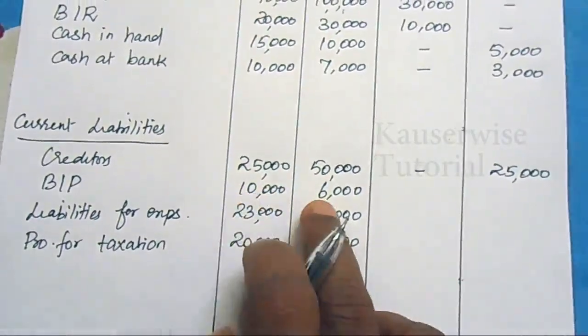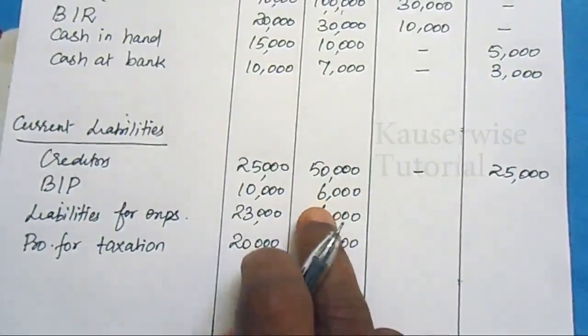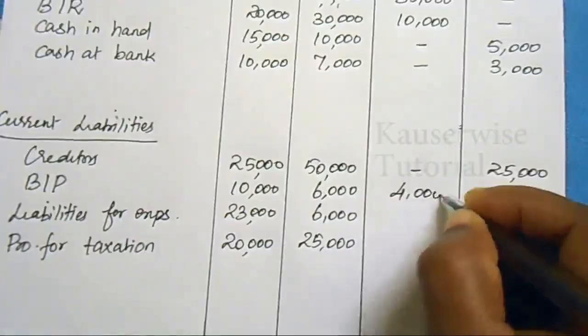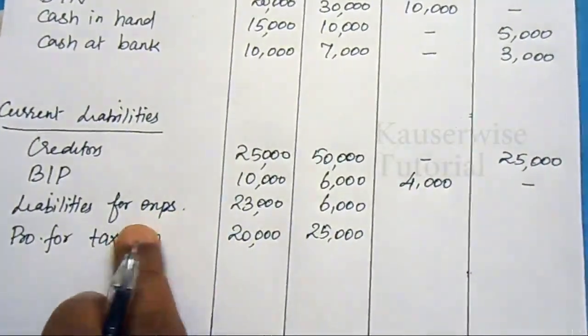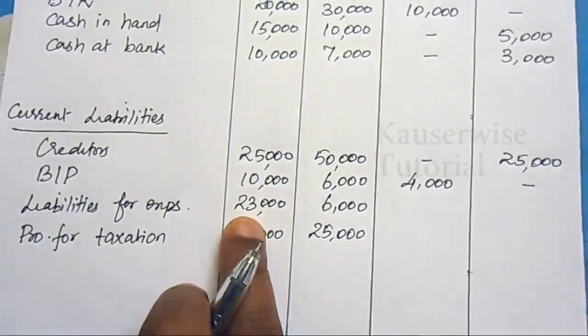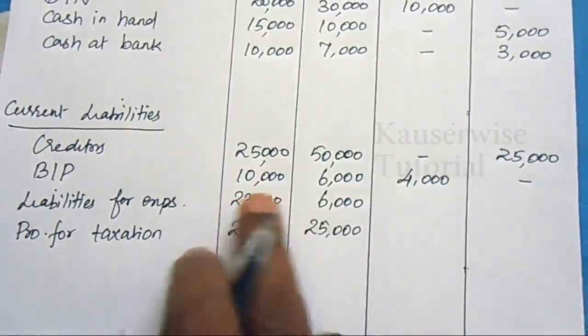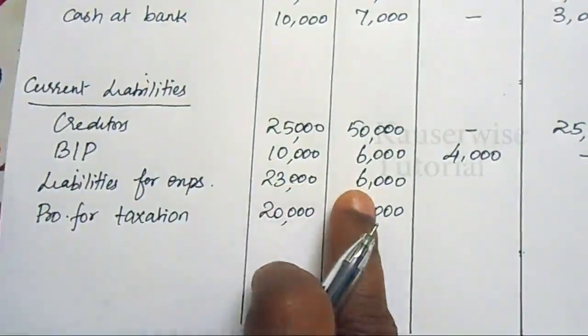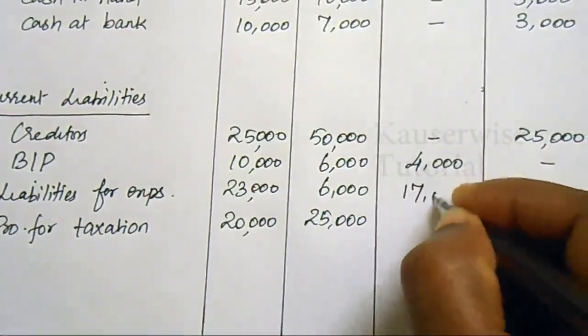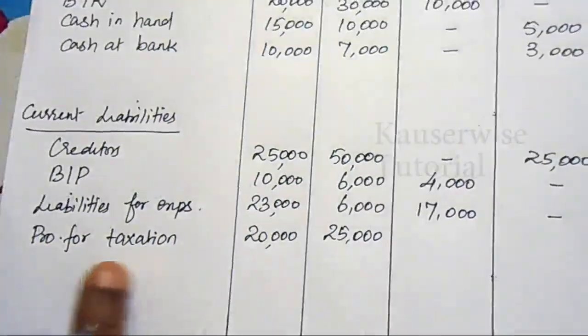When current liabilities decrease, working capital will increase. How much? 4,000 increased. Then liabilities for expenses, that is outstanding expenses. First year 23,000, second year 6,000, decreased. When current liabilities decrease, working capital will increase. 17,000 increased.